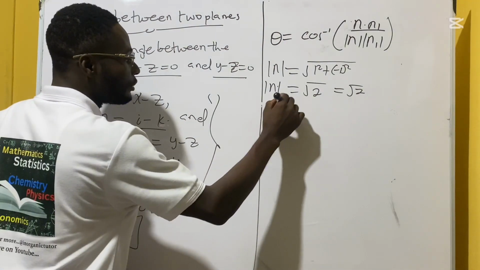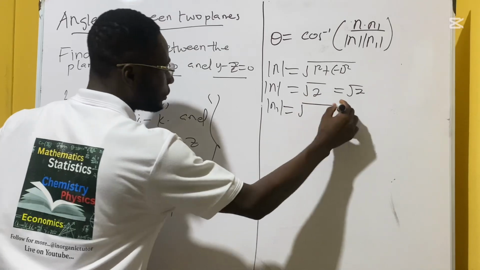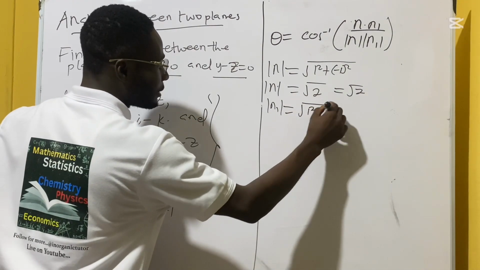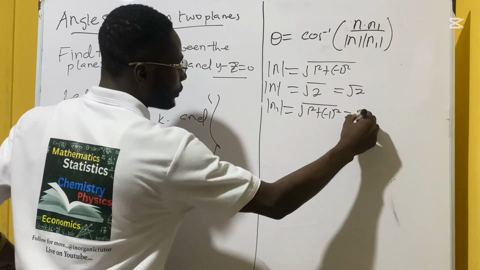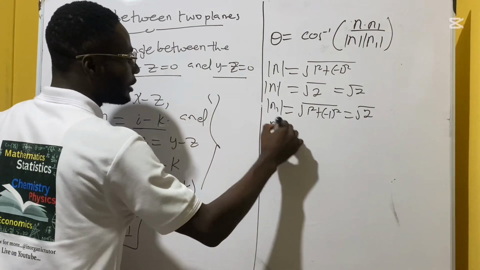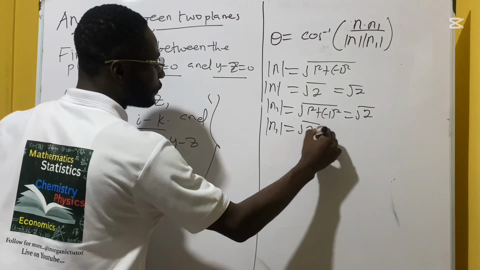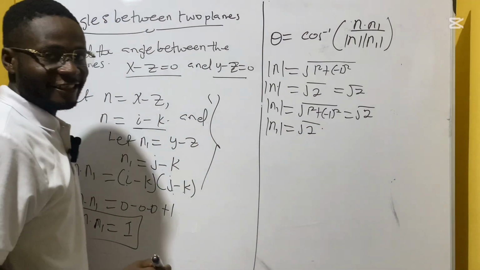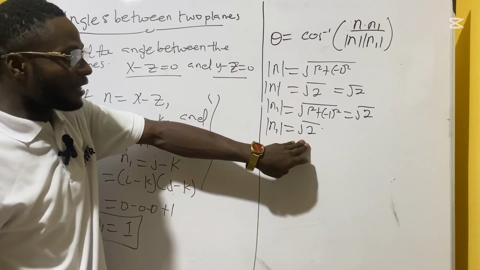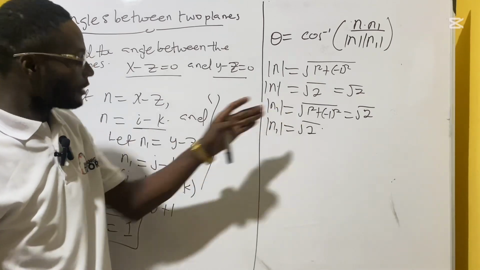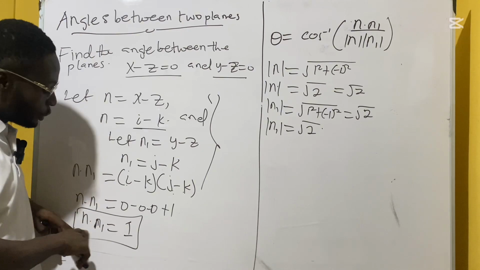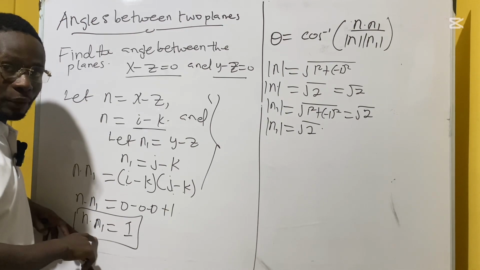Then the magnitude of n1 is the square root of 1 squared plus negative 1 squared, which is also the square root of 2. So we have the magnitudes of n and n1 respectively, and we have the dot product between n and n1 as well.